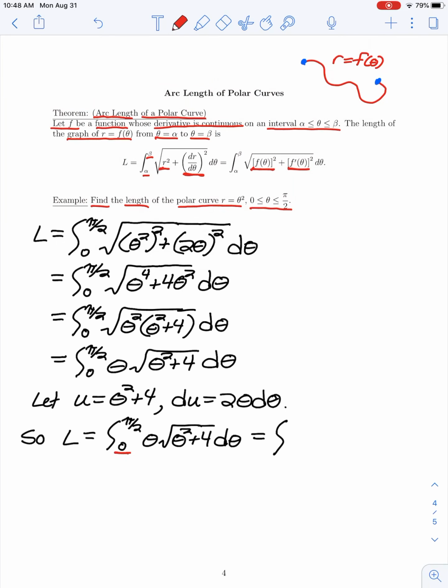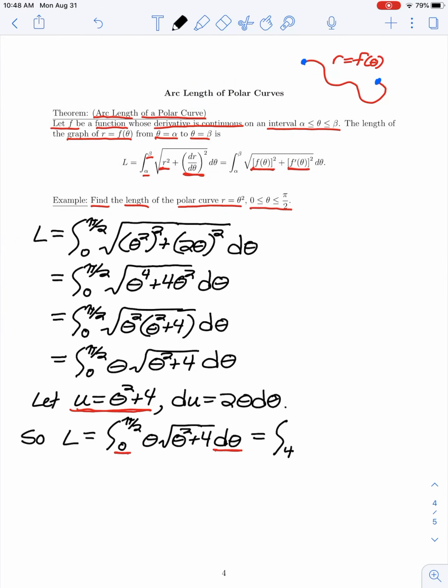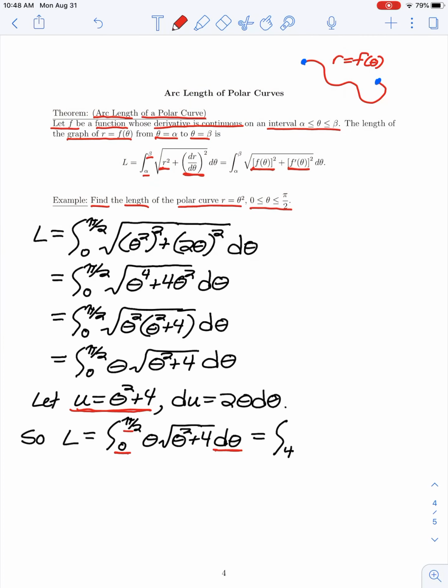First we need to convert our limits of integration from theta values to u values. Our lower limit of integration was theta equals 0. Now if theta is 0, we can see that u would be 4. So our new lower limit of integration is 4. And our upper limit of integration was theta equals pi over 2.